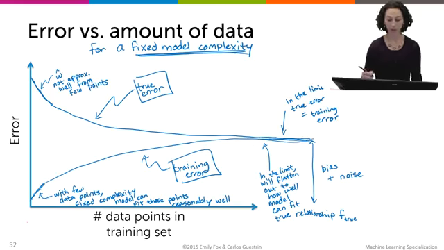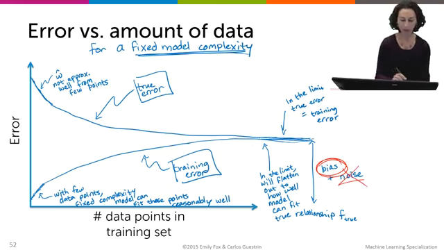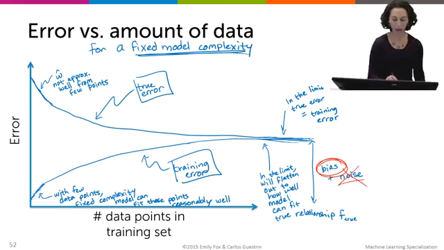This is what we talked about before, about the bias that's inherent in our model, even if we have no noise. Even if we eliminate the noise, our true error, as we're getting more and more data, is never going to go exactly to 0, unless, of course, the data were generated from exactly the model that we're using to fit the data. But in most cases, maybe you have data that looks like the following.